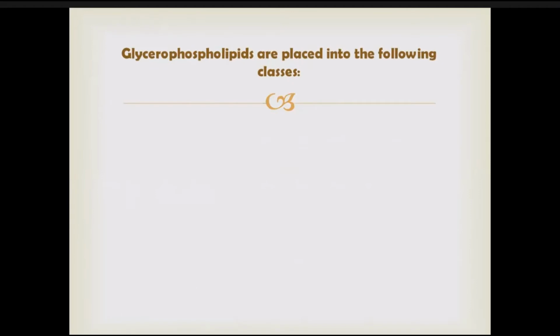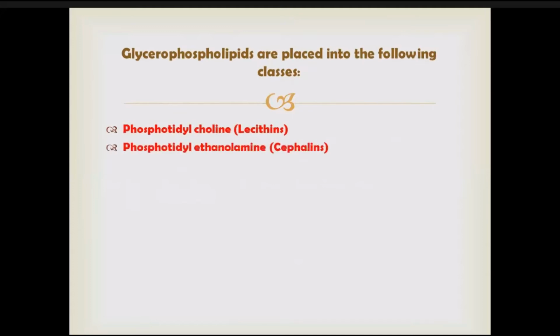ग्लिसरोफॉस्फोलिपिड्स जो है इनको हम कैटेगराइज करते हैं, we place them into the following classes. The first one is known as phosphatidylcholine, or most commonly known as lecithin. The second one is known as phosphatidylethanolamine, or most commonly known as cephalins.